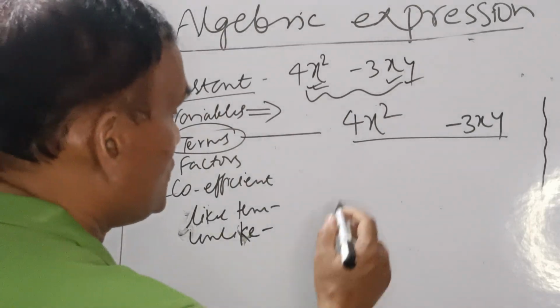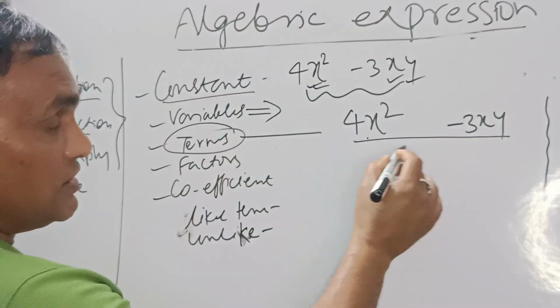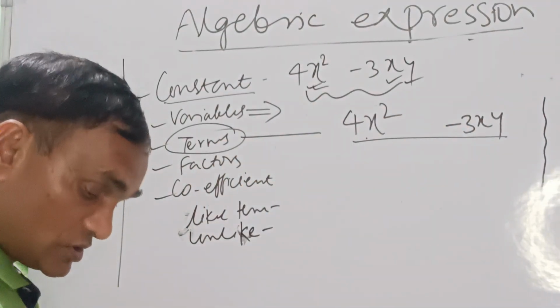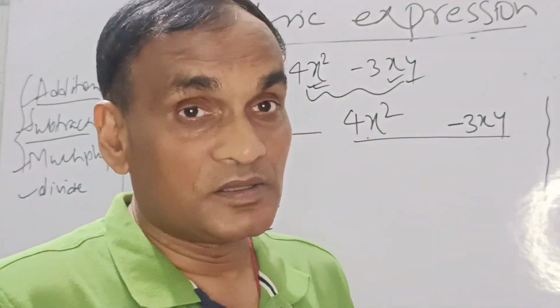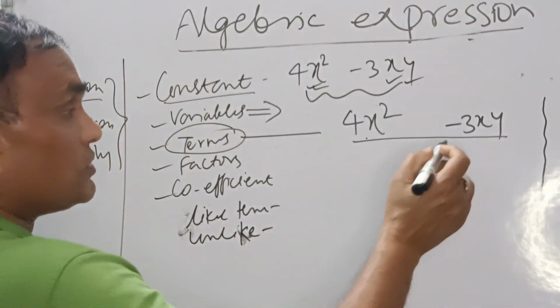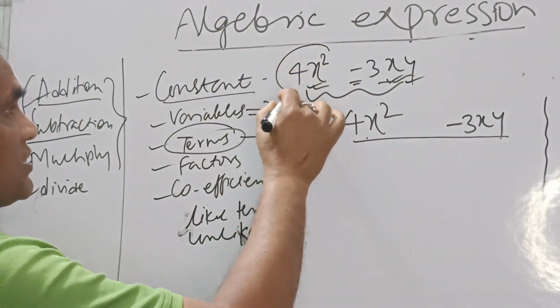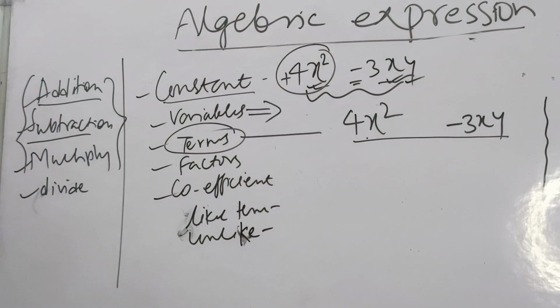Okay. So 4x square is one term, minus 3xy is one term. Why have I written minus? Because I have to write the minus, and please do not forget to write the sign. What is the sign value? 3xy has got the minus sign value, 4x square has got the plus sign value. Getting my point? Very good.